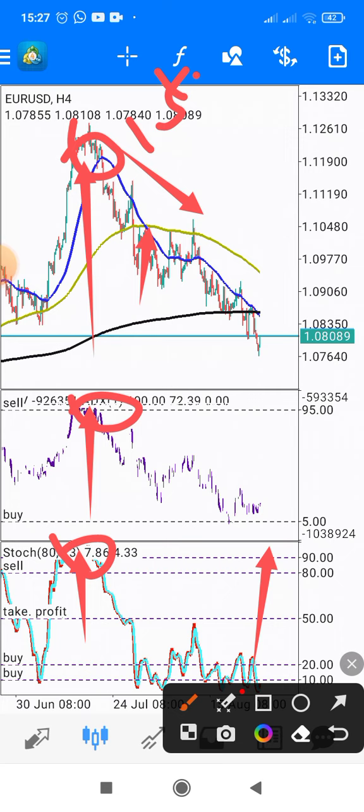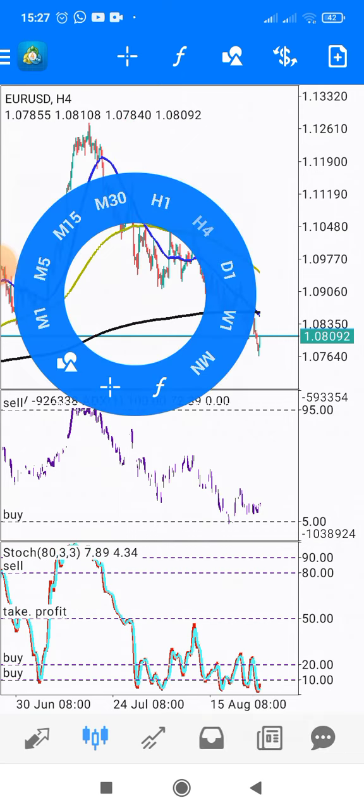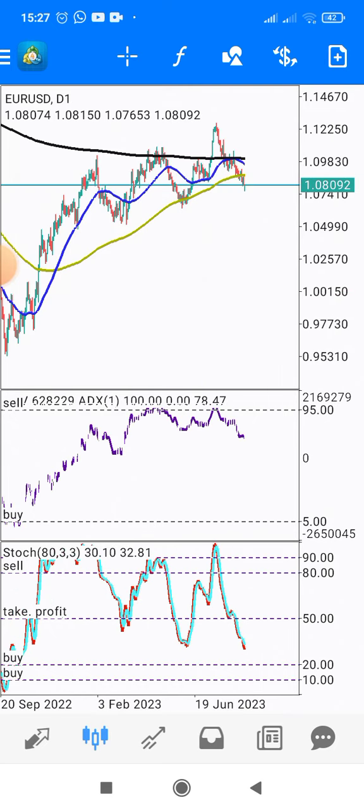Now for this to come back, this is going to be a second entry, because this is a higher time frame. You see, that is on a daily chart.